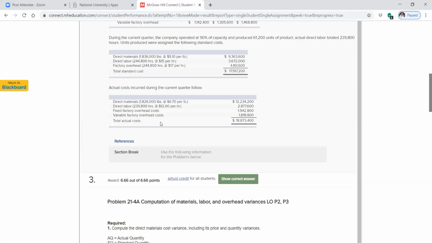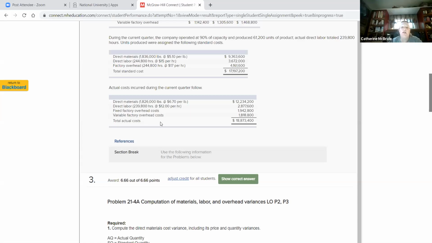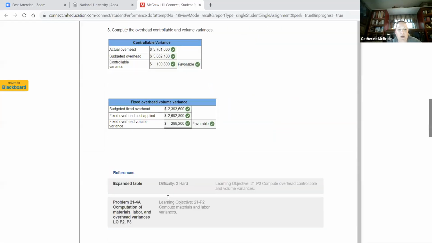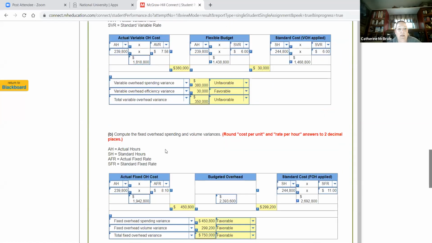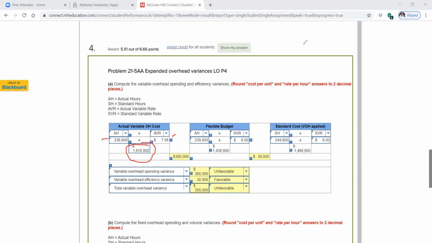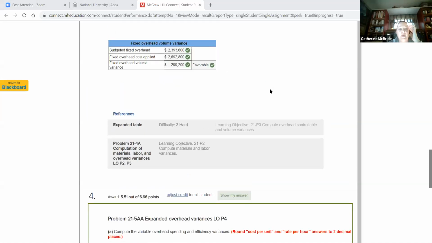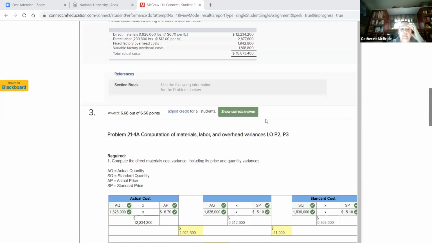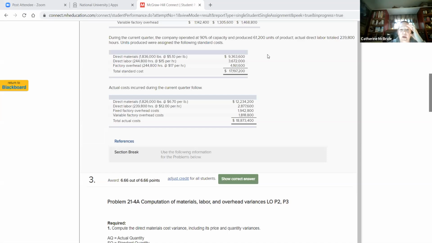This means $7.58. So what you're given is this amount, but you need to calculate this amount and this amount. The way we do that is we go up here, this is overhead variable. We go to the data, to where we're at actual.